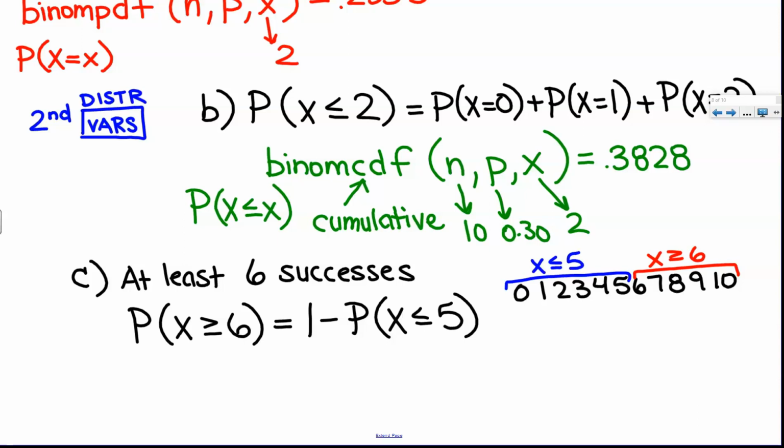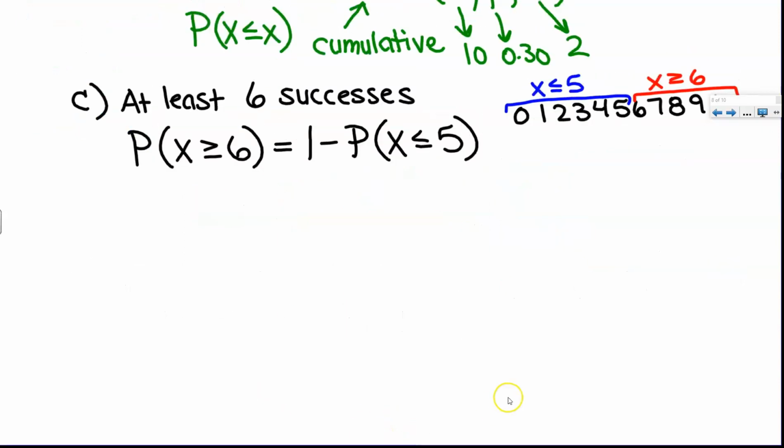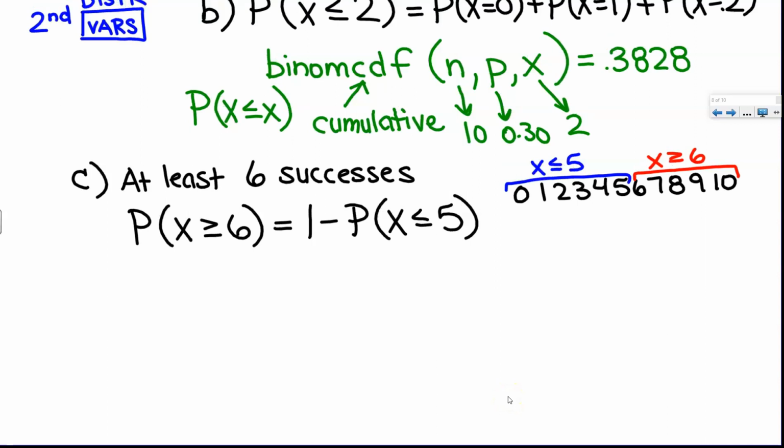And so why is that helpful, you say? Well, I'm still looking at a lot of numbers here. Why is this easier to calculate? Because with less than or equal to, I can use the CDF, right? It's not that it's fewer numbers or anything. It's that our calculator is set up where we can use a PDF or a CDF.